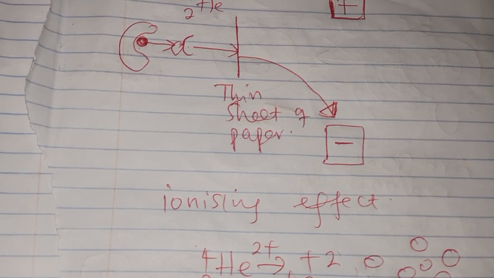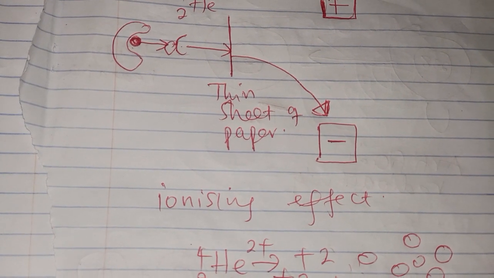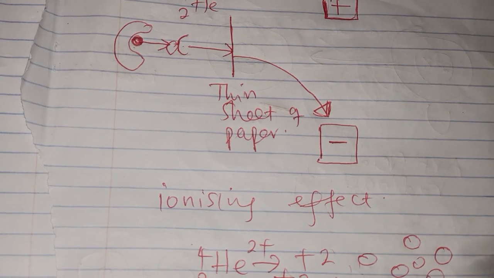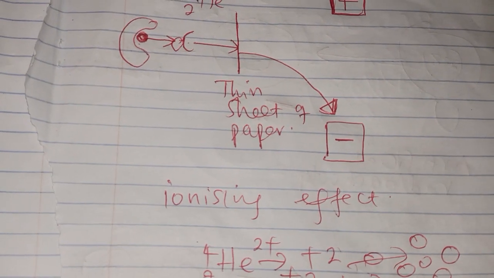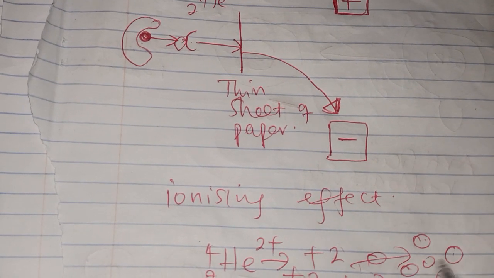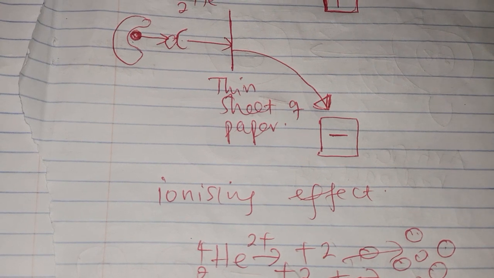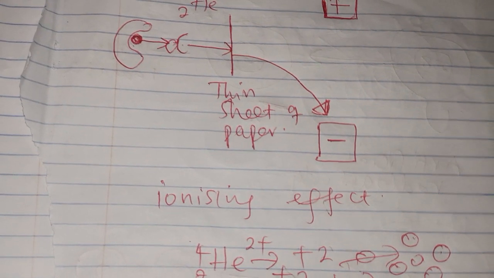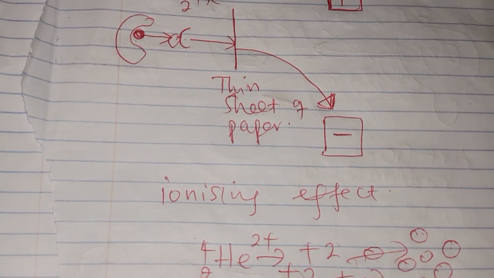So they have a very high ionizing power. They produce a large number of ions as they pass through gases, and due to their slow speed and high charge, they have greater contact with the atoms for a longer time.